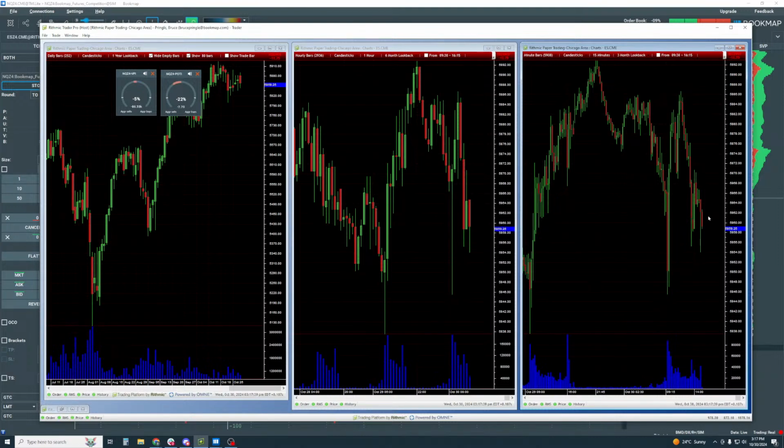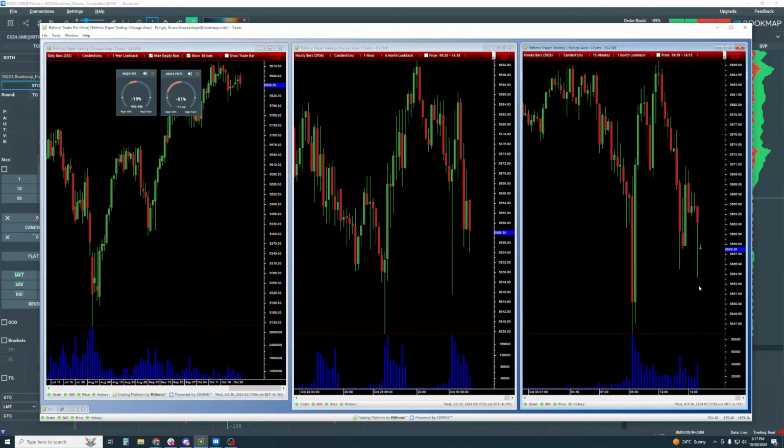But now look at how it's behaving in here. Let me add a little bit more here, so maybe you can see it a little bit better. Let's just do less bars. All right, and now this is not looking good for the bulls here.